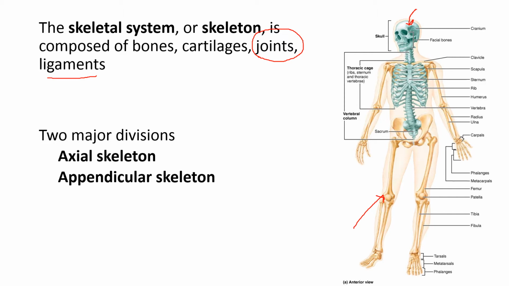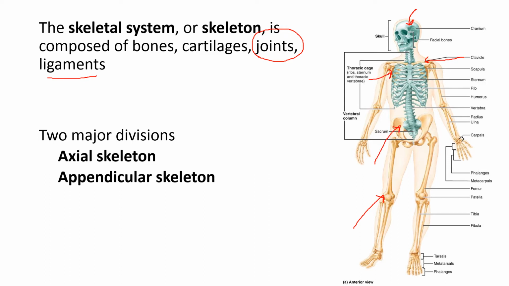Notice that the appendicular skeleton consists of all of the bones that compose the limbs, so that's the arms and the legs, as well as the bones that connect the limbs to the axial skeleton. So we're talking about things like the clavicle, the scapula, and the pelvic bones.